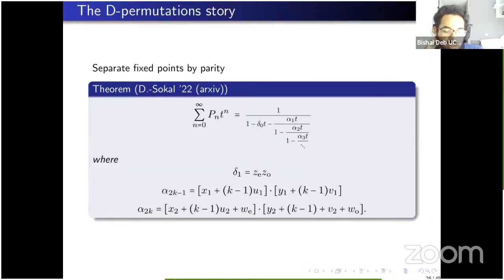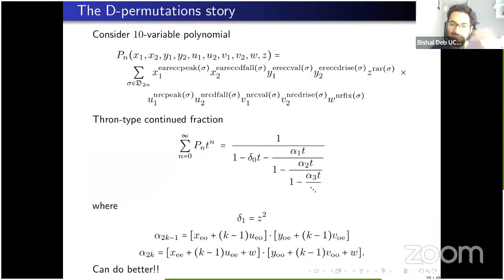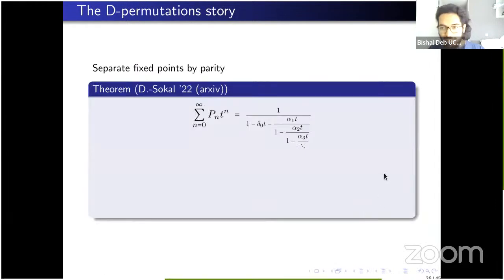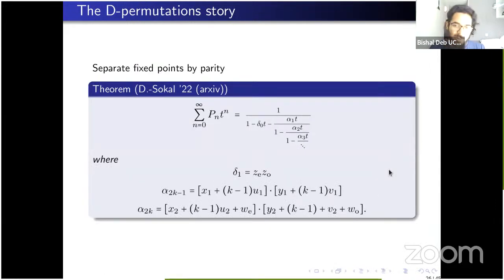I have spoken about depermutations quite a bit, and this was before our paper was out. At that time, we were trying out very different things. But in hindsight, this really looks the simplest thing we could have done, which is consider the same 10 variable polynomial and see if this has a nice continued fraction. But at that time, we weren't aware what might be a nice continued fraction. So this was quite surprising when the statistics came out to be quite similar to the story of permutations.